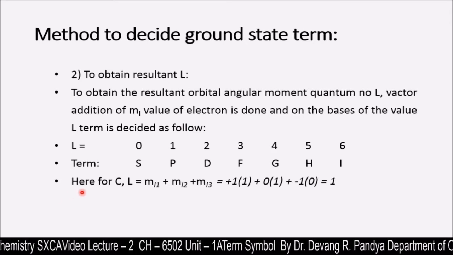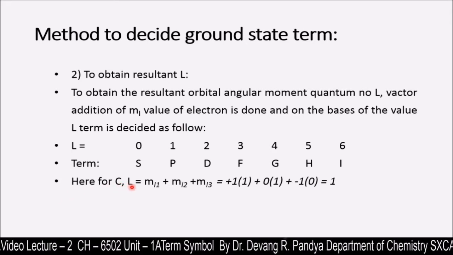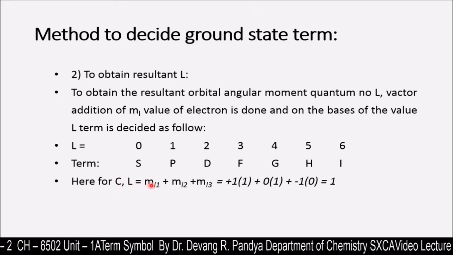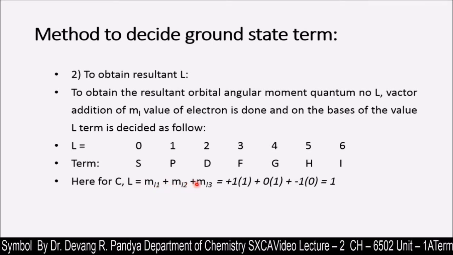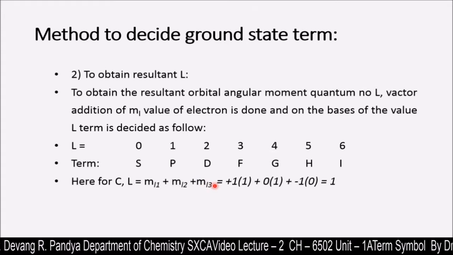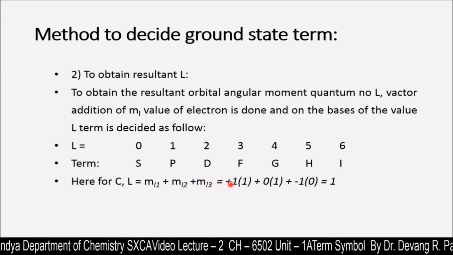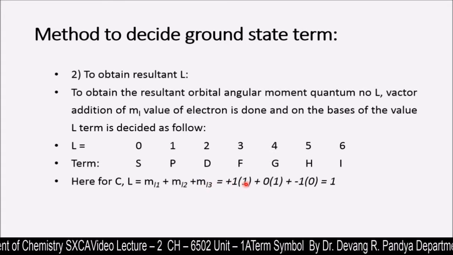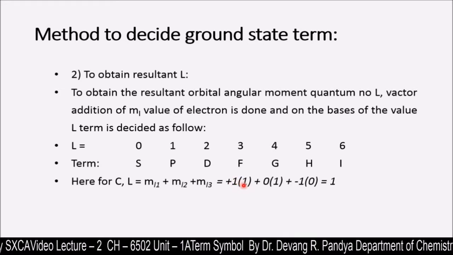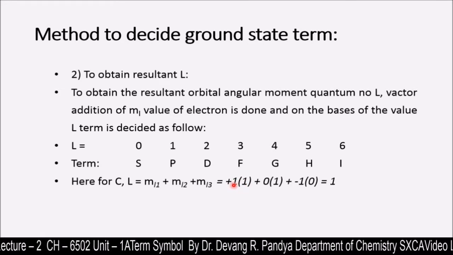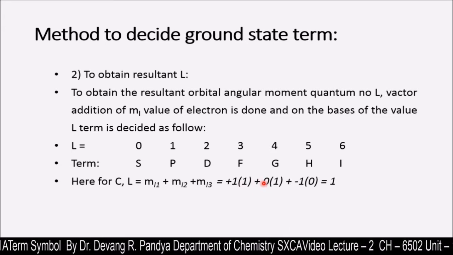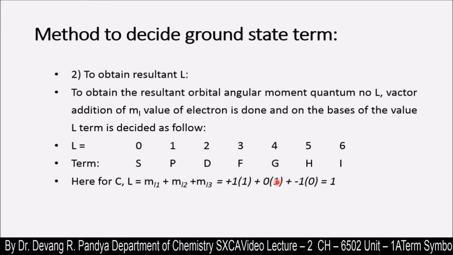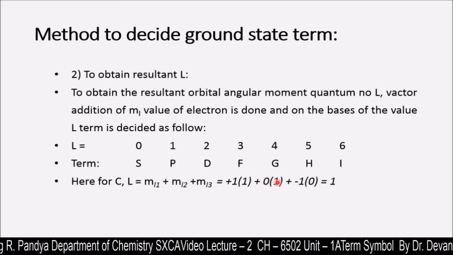Let's see here the example of carbon. The L value can be obtained from m subscript L1 plus m subscript L2 plus m subscript L3 and so on. So here we can see +1 with 1 electron, so I put +1 into 1. In 0 I have one more electron, so in 0 I put 1 there for 1 electron.